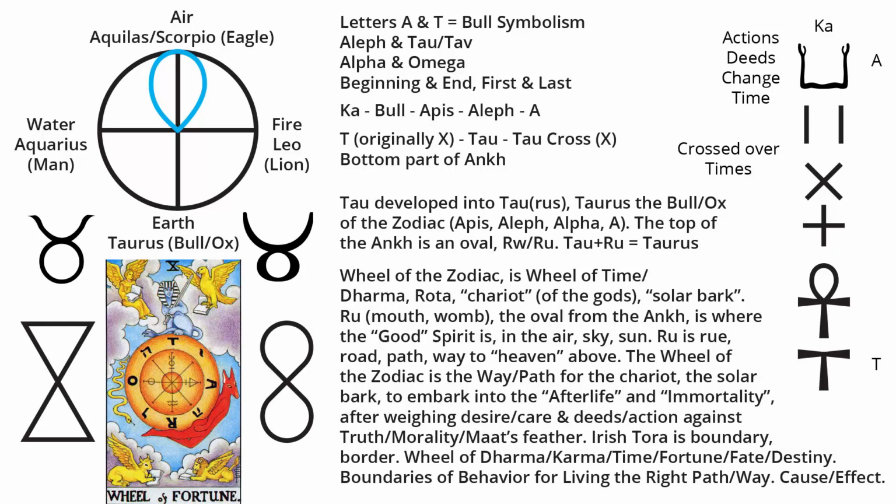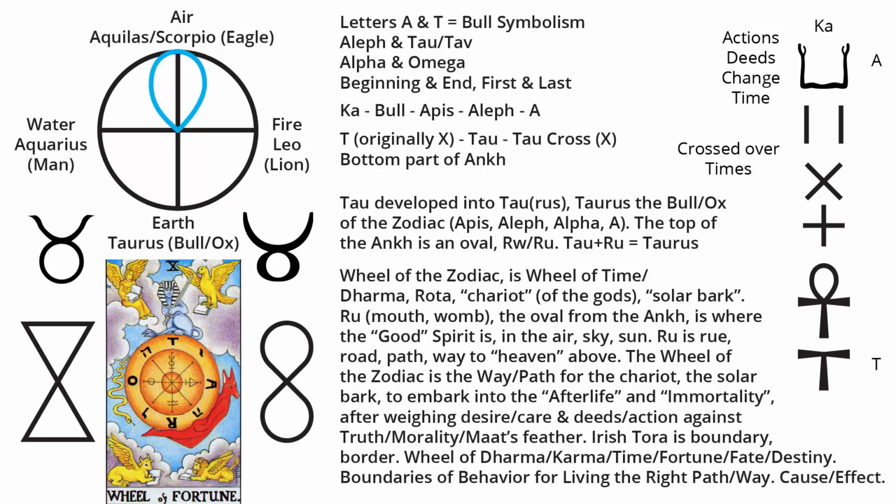It works perfectly in correspondence. So the top of the Ankh is an oval. It's the Ru. So you have the Tau and the Ru, which equals Taurus. You have the Tau cross and the Ru oval. You join them together and you get the Ankh. And when you join the Tau cross and the Ru, you get the Ankh, and you get Tau Ru, and that's Taurus.